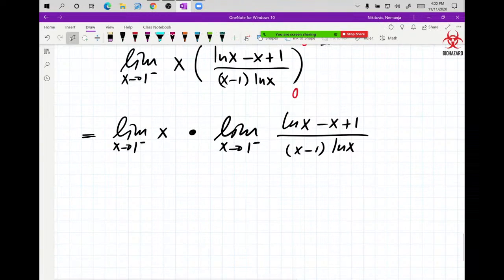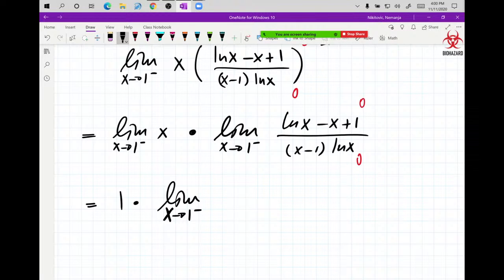All right. So now I have 0 over 0 on this side. Obviously, this is just equal to 1, so who cares? So 1 times the limit x goes to 1 minus. And now we take our, oh, I forgot to put the L'Hopital here.